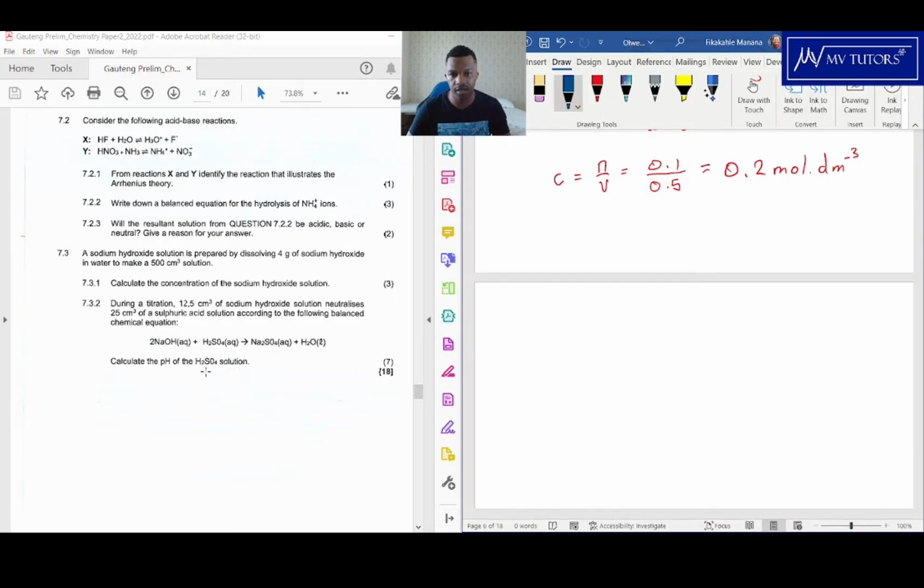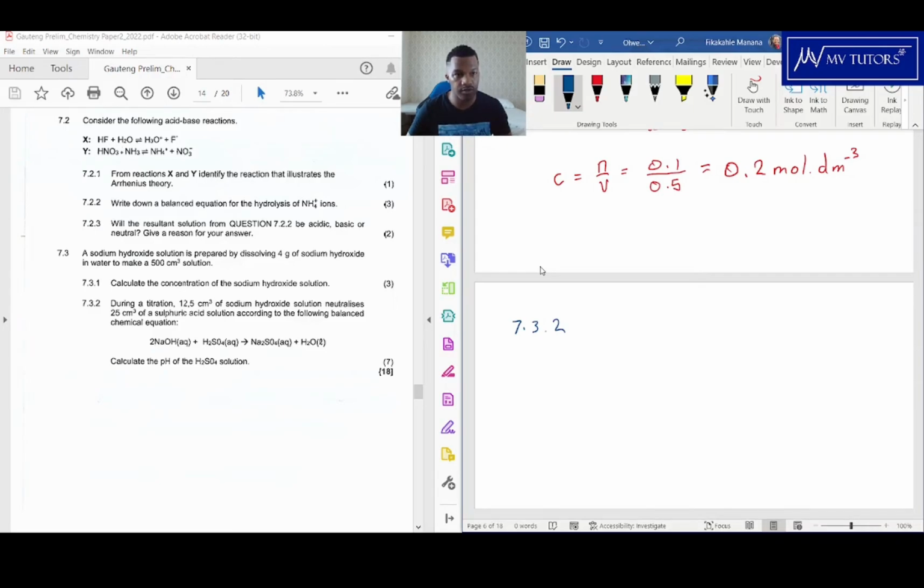What I can tell you is that this acid is what we call diprotic because there's 2 H's over there, hydronium ions. You'll see how that plays out, but let's just start with the question right now. So we'll start with this formula.